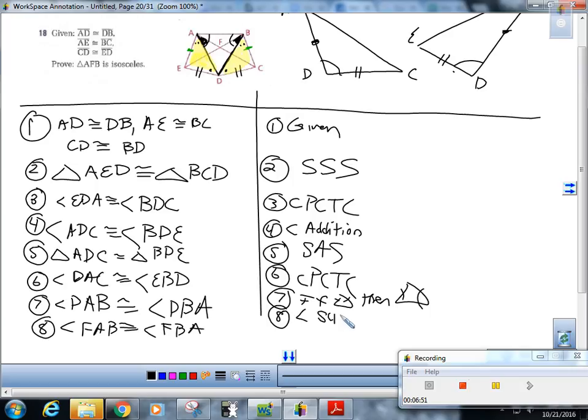Angle subtraction. And now, finally, I've got AF is congruent to FB by if angles, then sides. Boom!